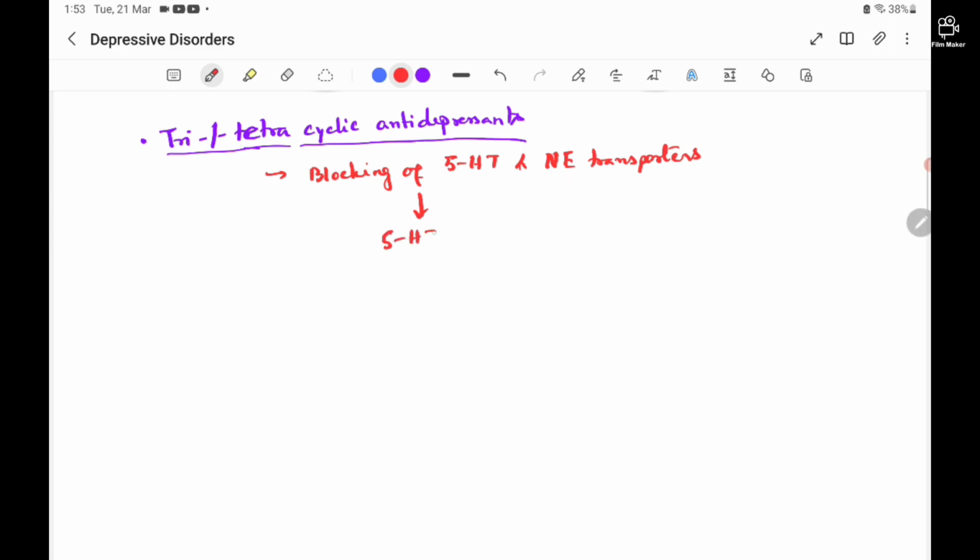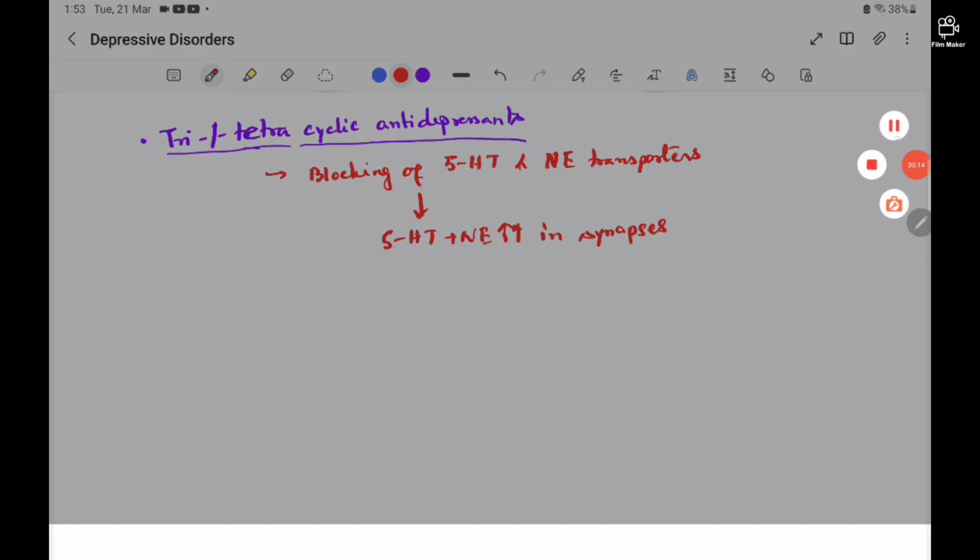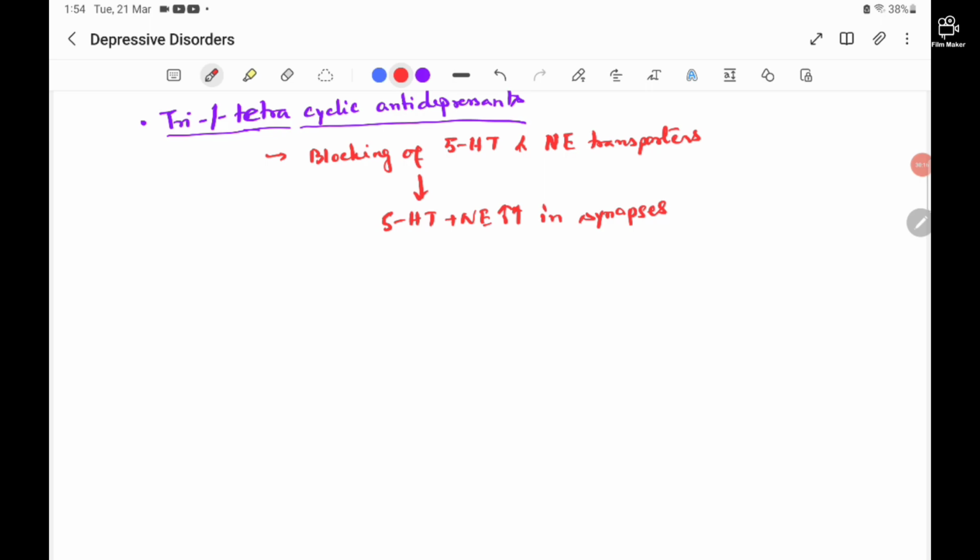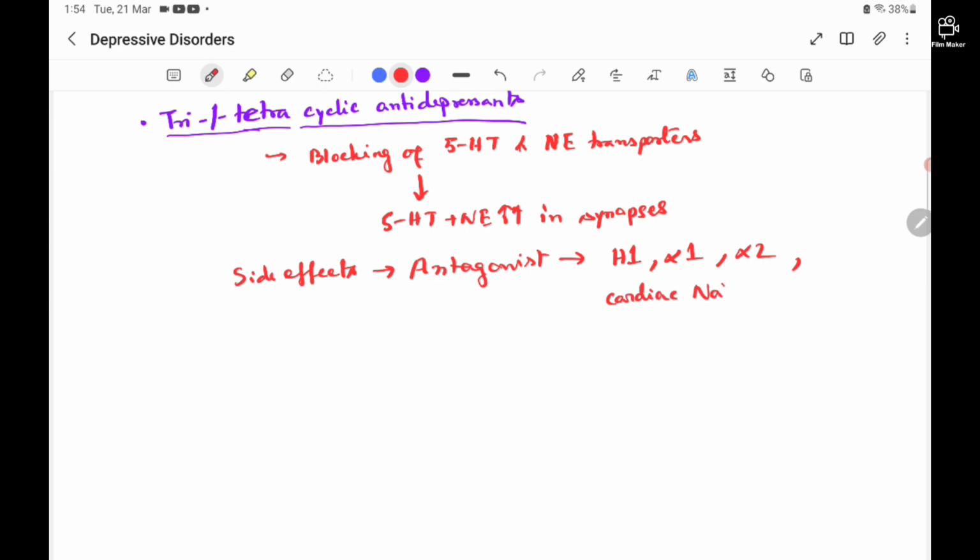So serotonin and norepinephrine increase in synapses. But there are varied side effects of these drugs as well. Apart from blocking, these drugs also act in antagonism to the H1 receptor, histamine 1, alpha 1 receptor, alpha 2 receptor, and cardiac sodium channels.